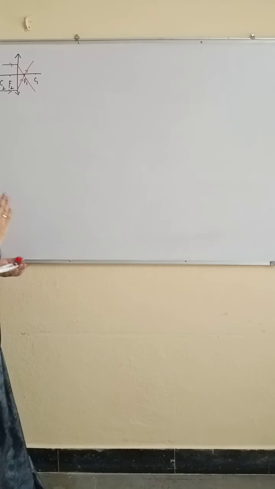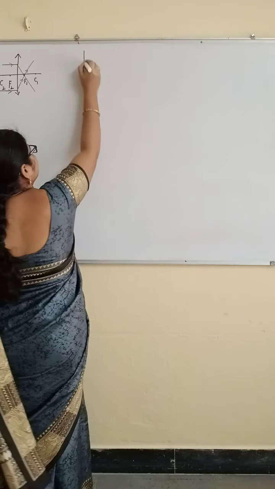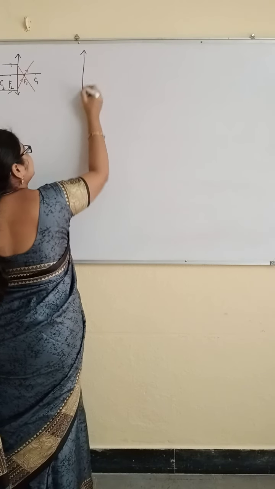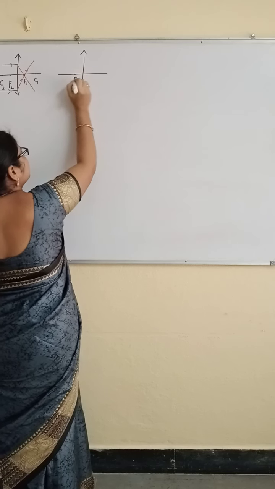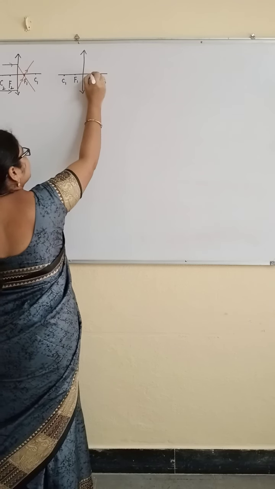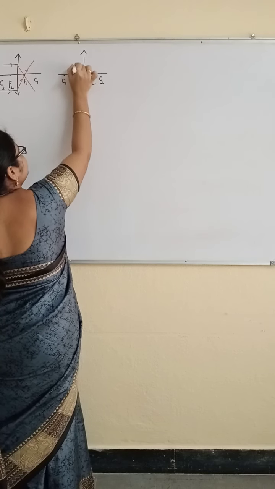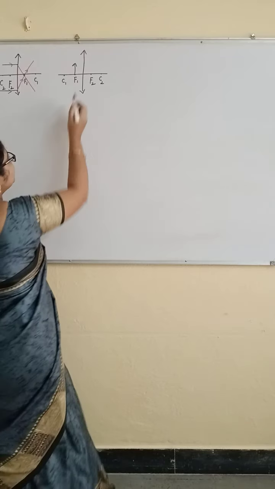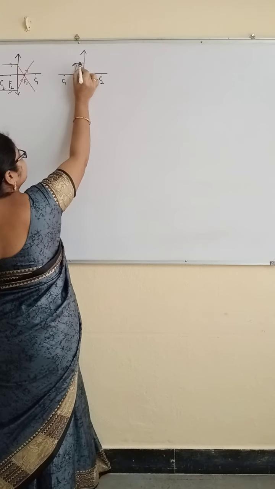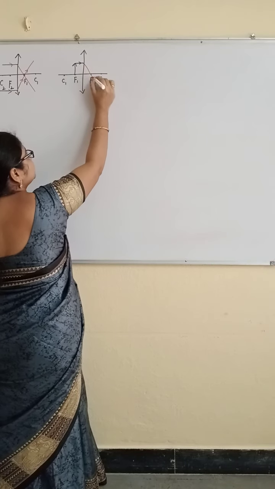Now when the object is at focus, the light ray which is parallel to the principal axis, the refracted ray passes through the focus.